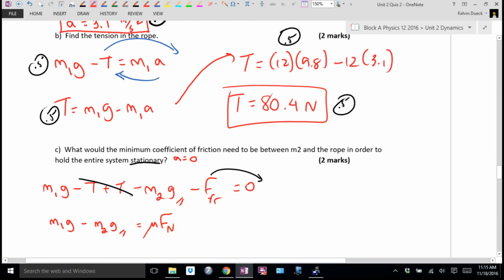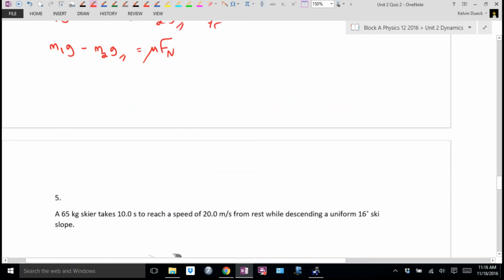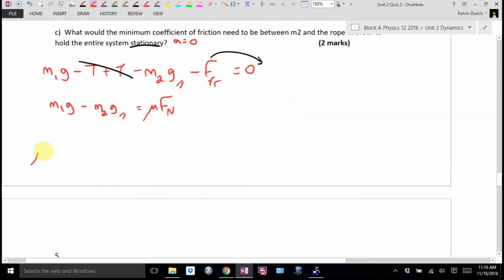I don't know the normal force. Well, first of all, I'm not going to say that yet. What am I trying to find? Mu. Let's get mu by itself. How would I get the mu by itself? I think I would divide by the normal force. So mu is going to be M1G minus M2G parallel divided by the normal force. I don't know the normal force. Oh, but look. I know the force the same size as the normal force.